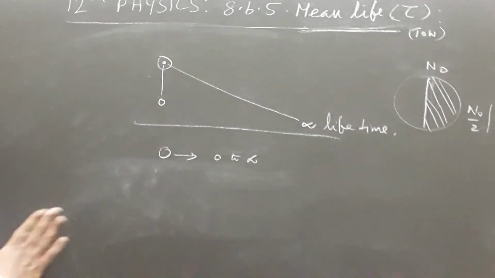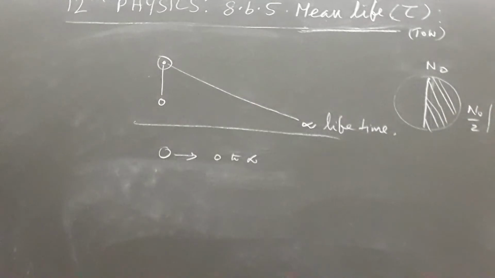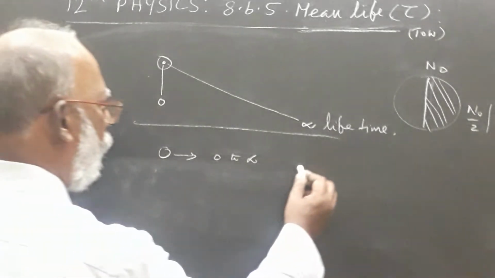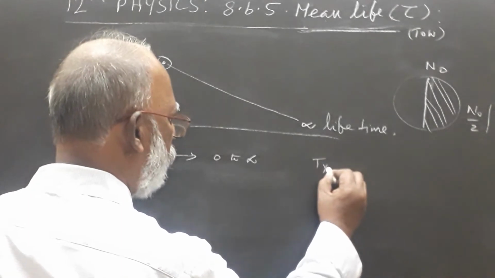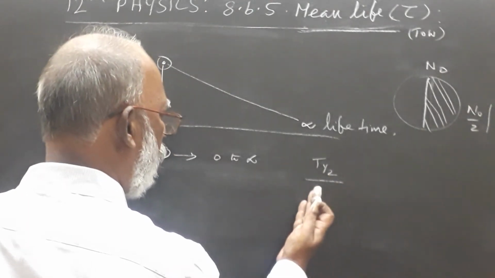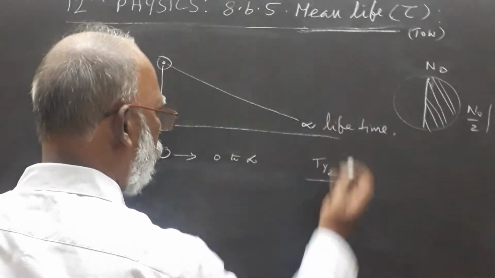Now, how can we explain it? The actual lifetime for each nucleus varies from 0 to infinity. It is very essential to calculate T half, which is sometimes more valuable than mean life.